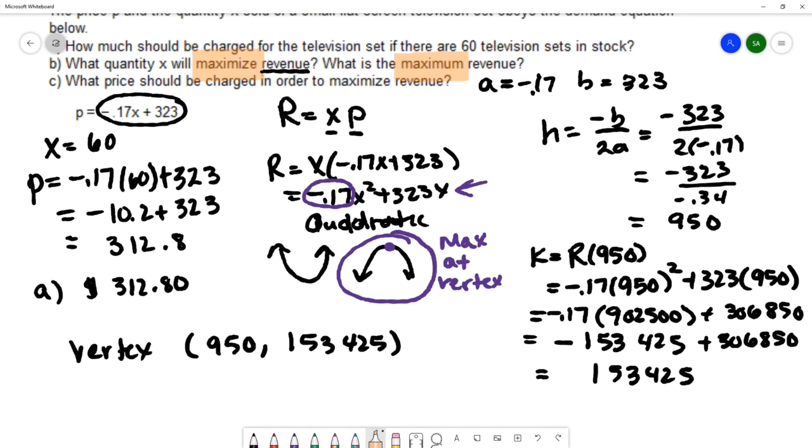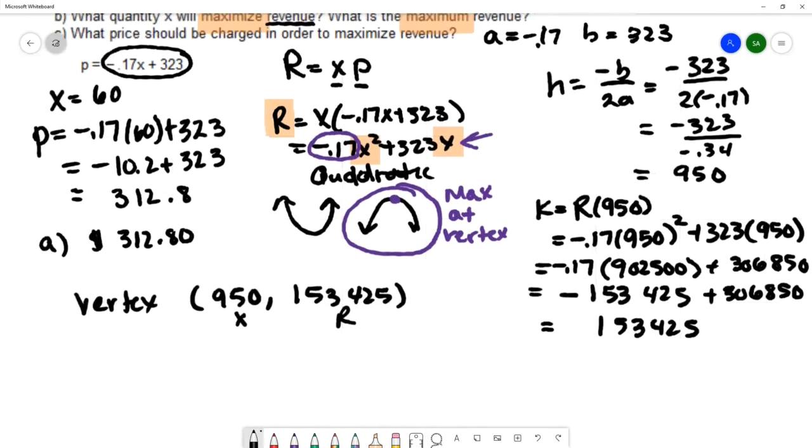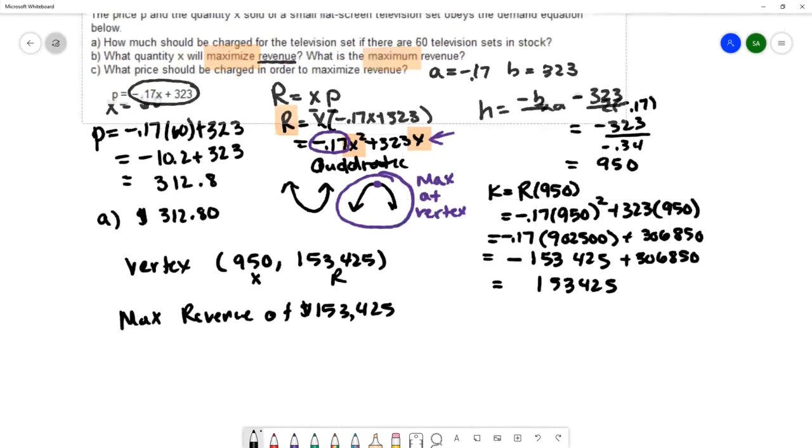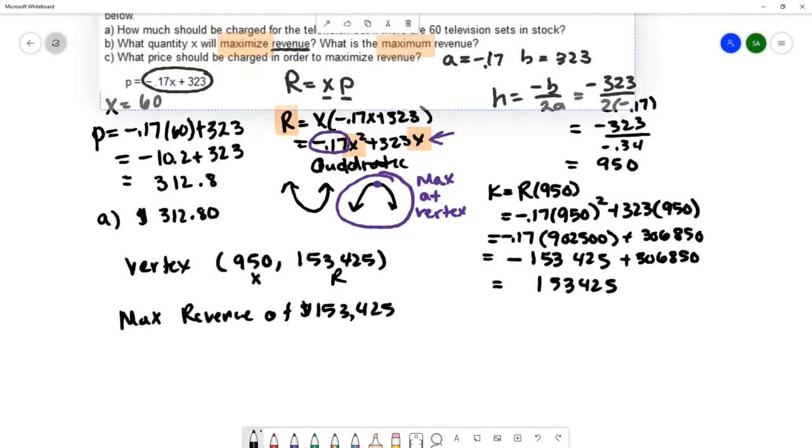So in our equation we have the variable x, and then the function that this is revenue. So we are going to get a maximum revenue of $153,425 when we have 950 televisions in stock.